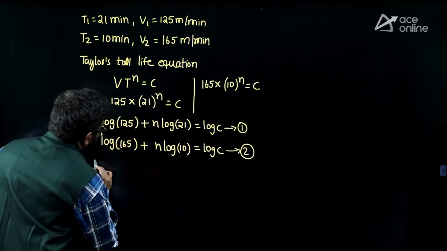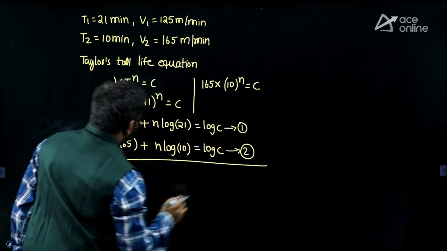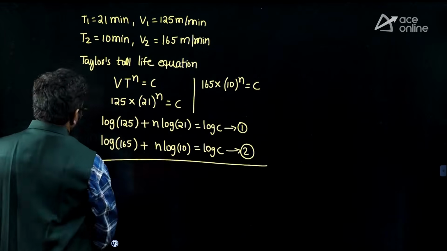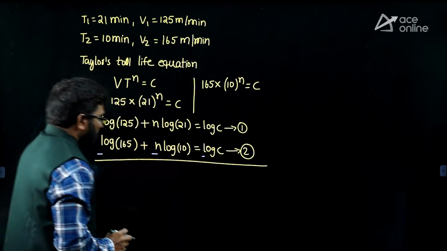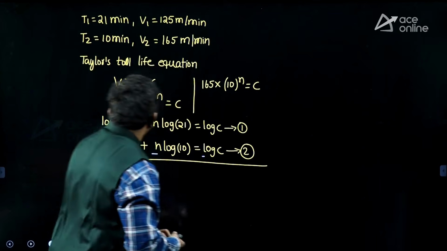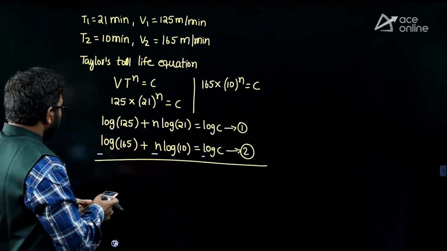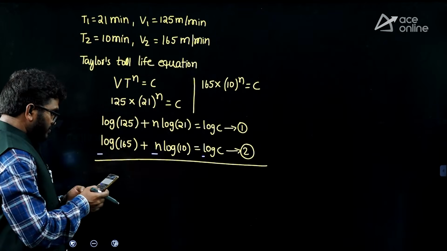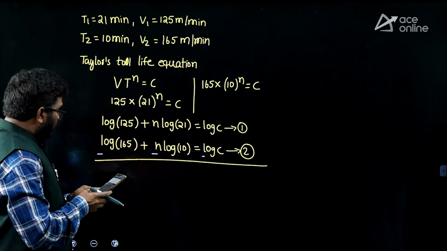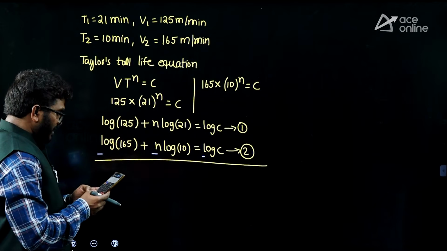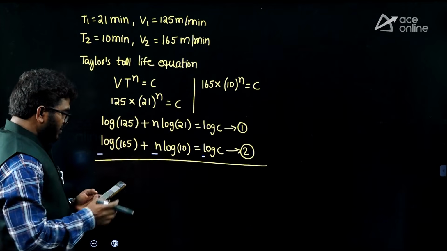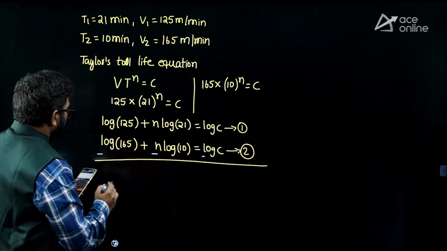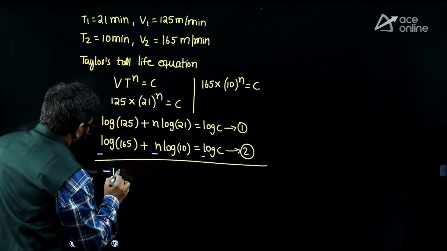Now, see here. Let us consider subtracting the two equations. Log 125 minus log 165 gives minus 1.2.